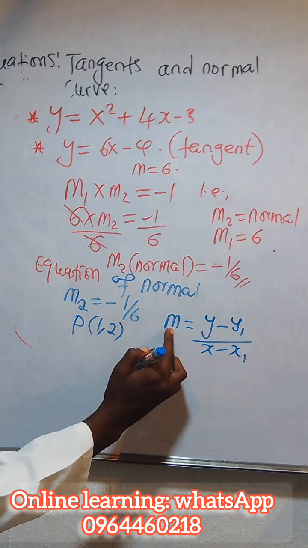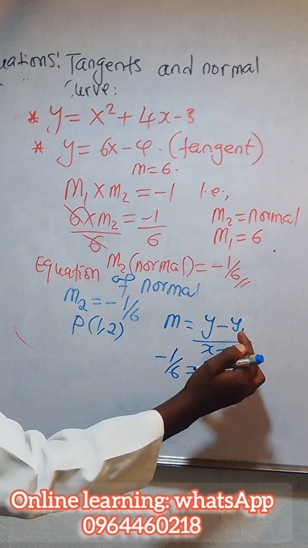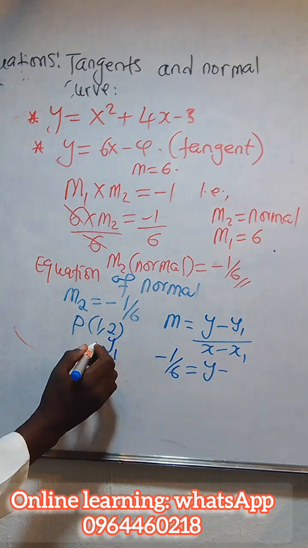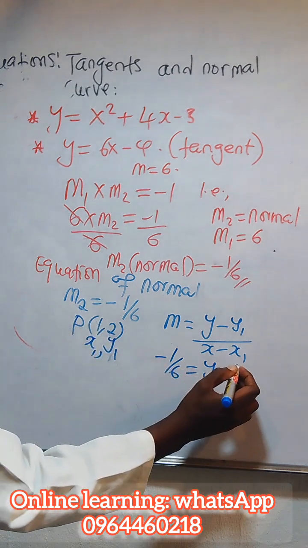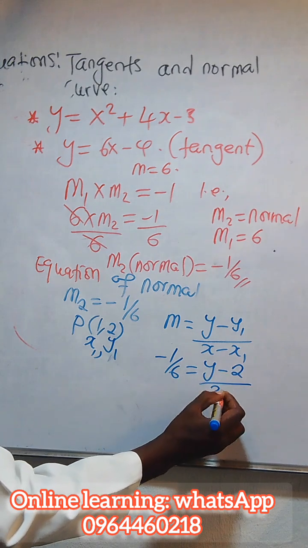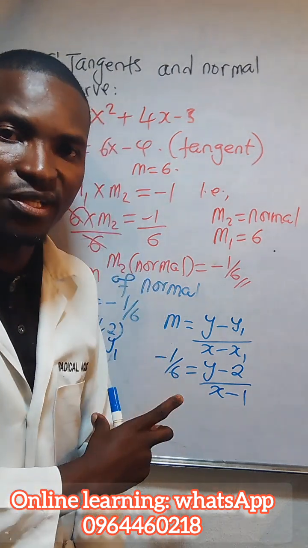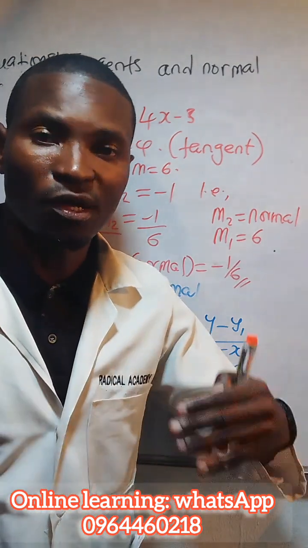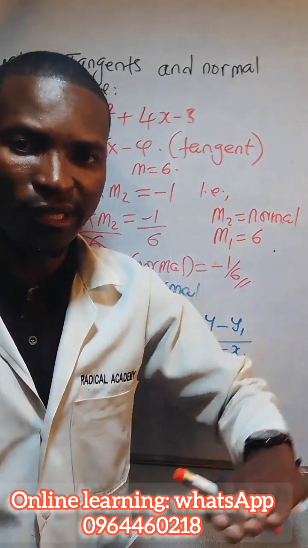So negative 1 over 6 equals y minus y1, where this is y1 and this is x1, over x minus 1. Once I have this expression, I can simplify it so that I have something in linear form.